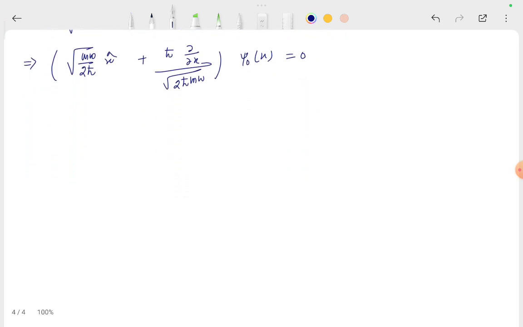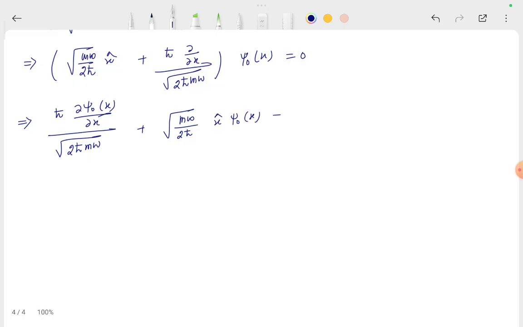0 ket, it's written here, it's a ground state like psi 0 of x. Okay, so it is equals to h cut del psi 0 of x del x upon 2h cut m omega plus m omega upon 2h cut x cap psi 0 of x equals to 0.